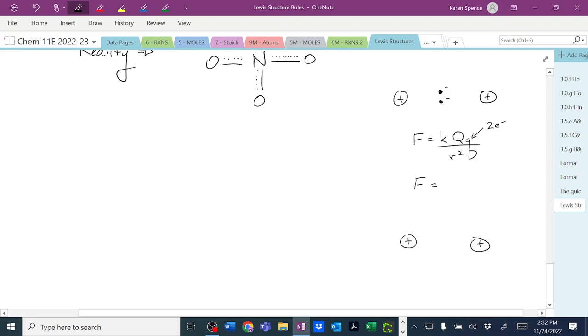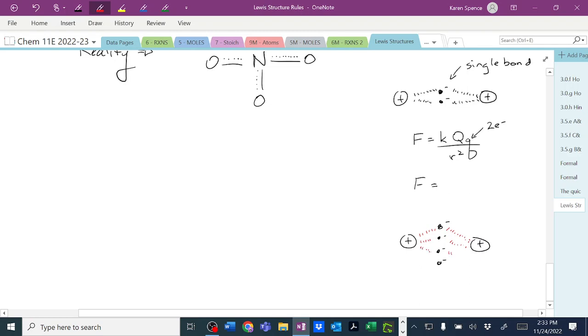So what if we were to change the number of electrons in between, and instead of having a single bond, with the attractive force between the nucleus and the electrons, what if we had a double bond? Now what would happen to our force?